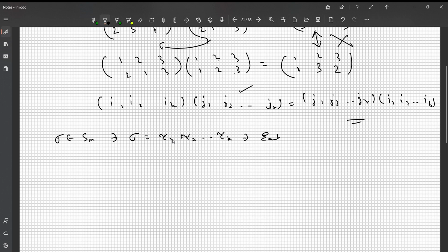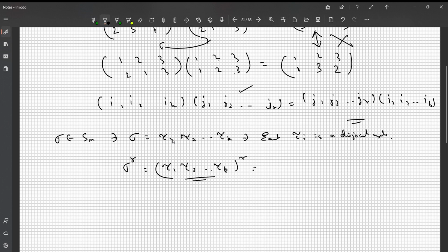Okay. Now suppose you have a permutation sigma from Sn such that sigma can be written as tau 1, tau 2 till tau k, such that each tau i is a disjoint cycle. So sigma is a product of disjoint cycles.